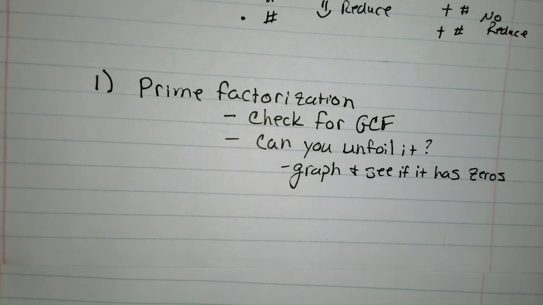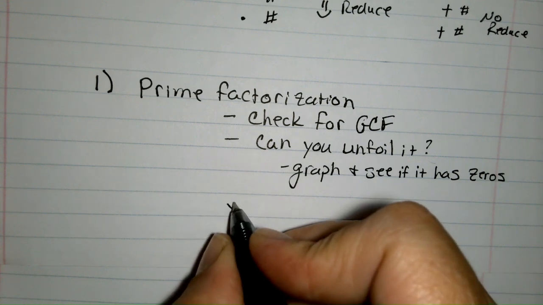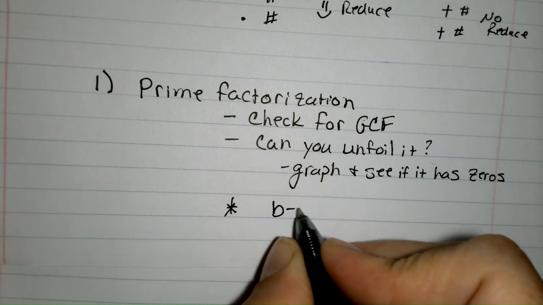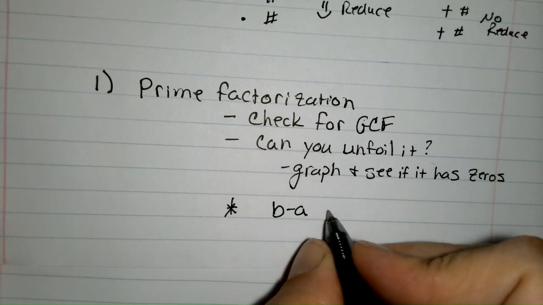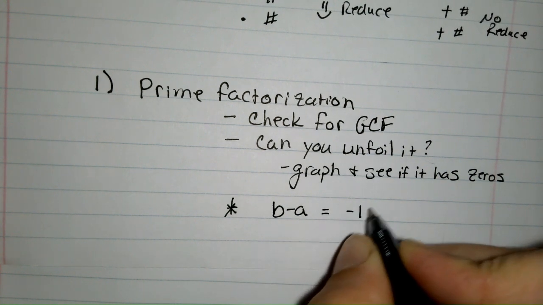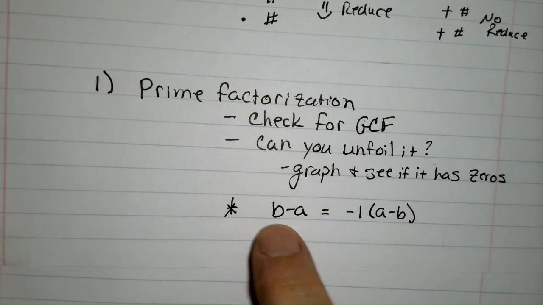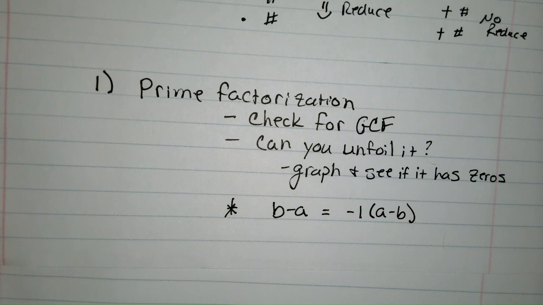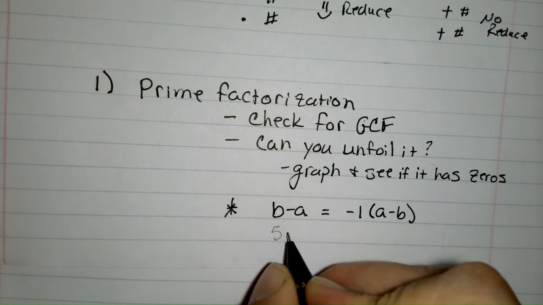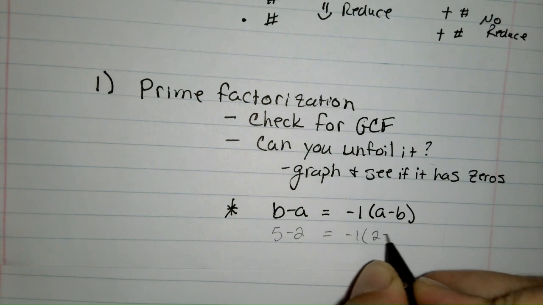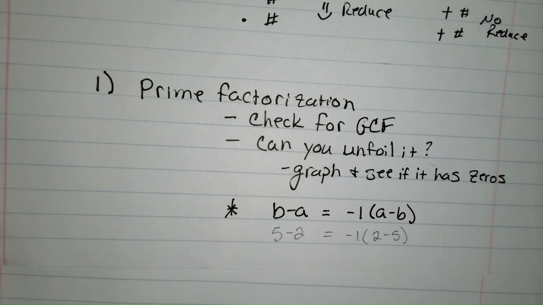The other thing to note, and this can be a really, really helpful thing, b minus a is equal to -1 times a minus b. So see how that subtracting order switched? So let's do that with numbers. 5 minus 2 is equal to -1 times 2 minus 5. Do you agree or not agree?